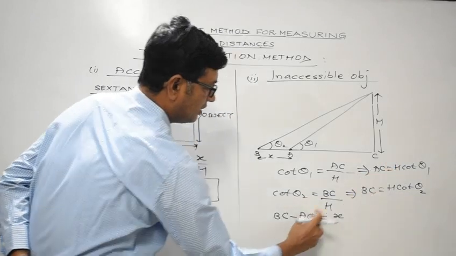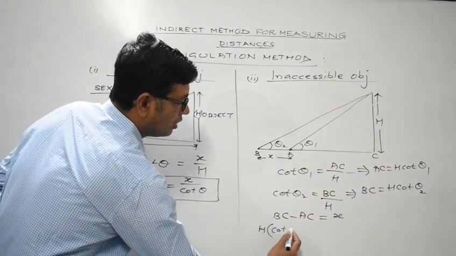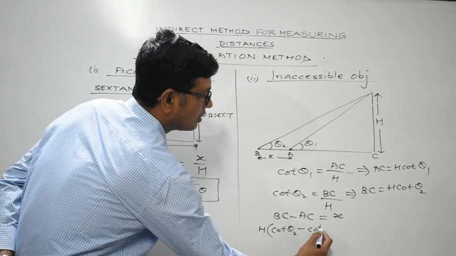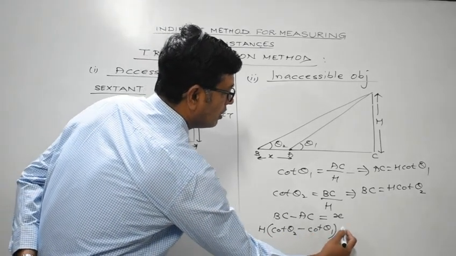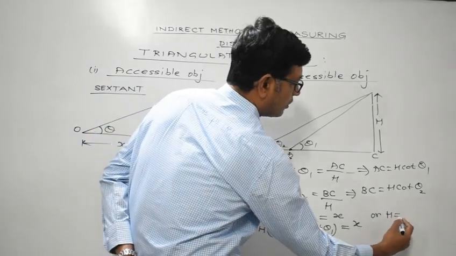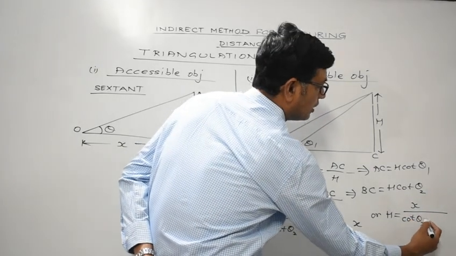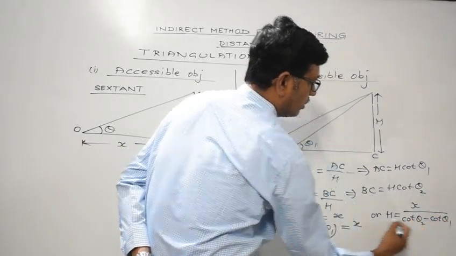Substitute this value of AC and BC over here. So what you get is, h can be taken as common: h times (cot theta 2 minus cot theta 1) is equal to x, or h is equal to x divided by (cot theta 2 minus cot theta 1).